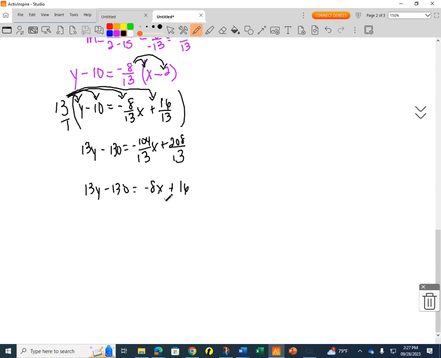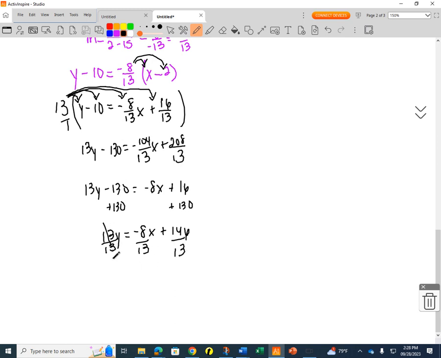So now we are going to isolate the y. So we're going to add 130 to both sides. And when we do, now we have 13y equals negative 8 times x plus 146. Now we've got to divide everything by 13.